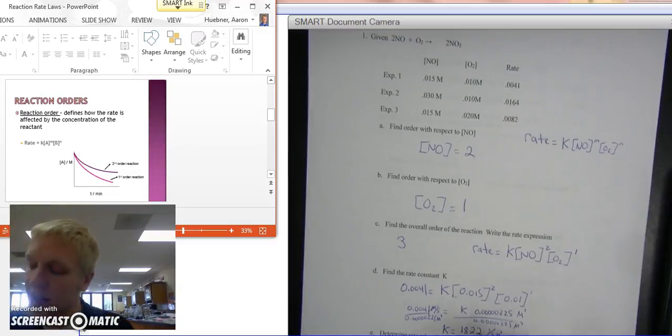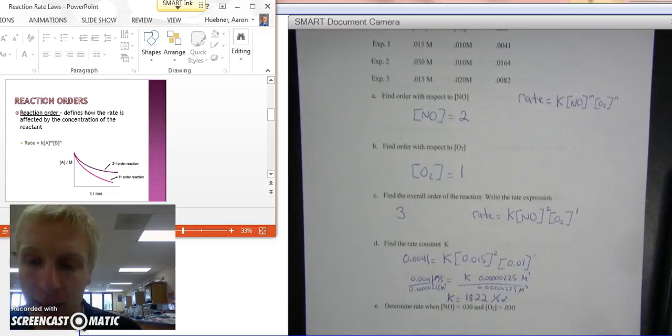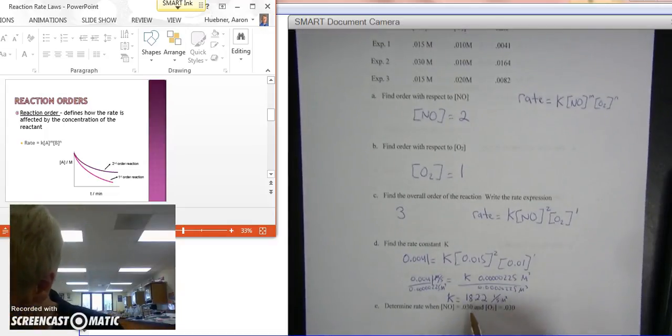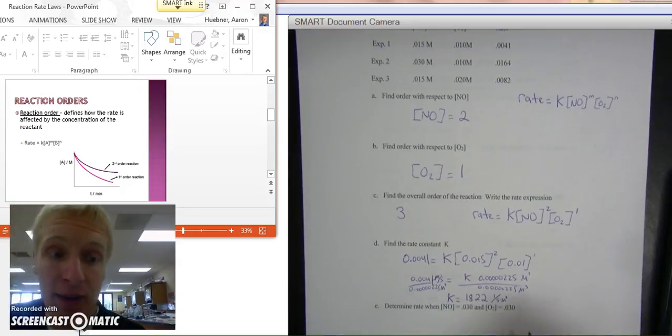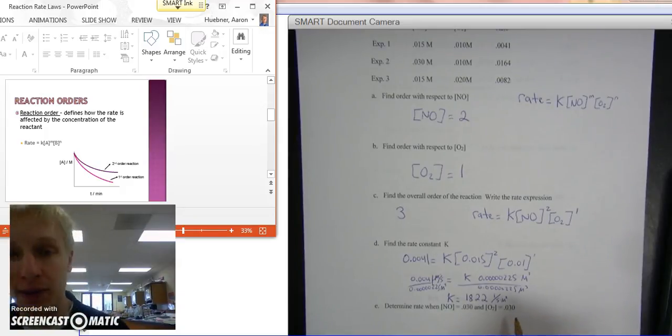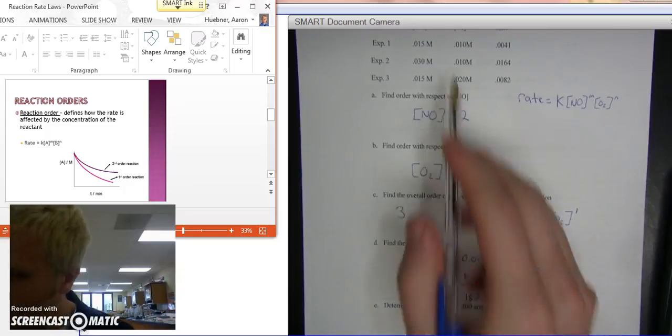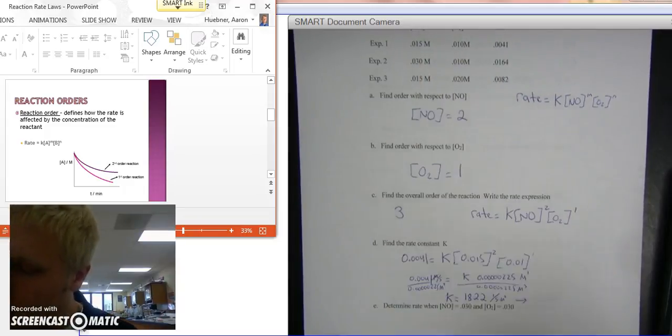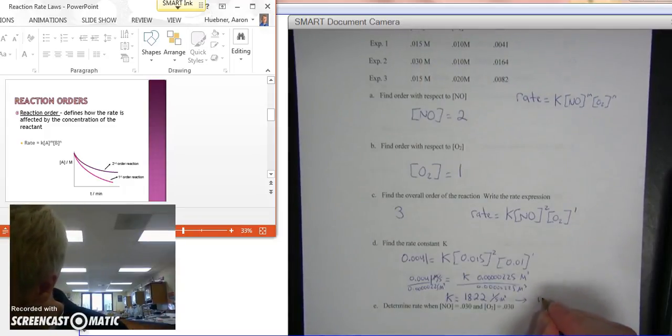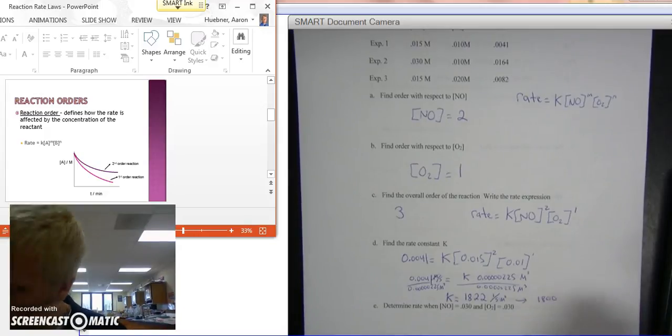But as long as you have 1822, I'll accept that. And in IB chemistry, if you ever go that direction, you'll have to know the difference between the various units of K depending upon what order the reaction is. Technically, with sig figs, being really official, we got 2 digits, so it would really be 1800. But yeah.